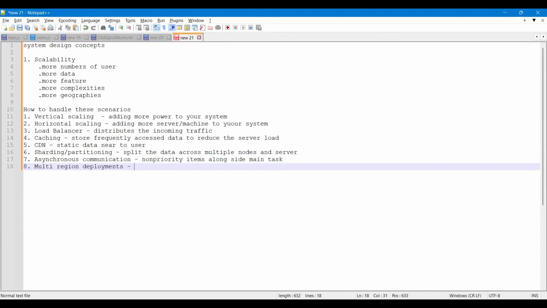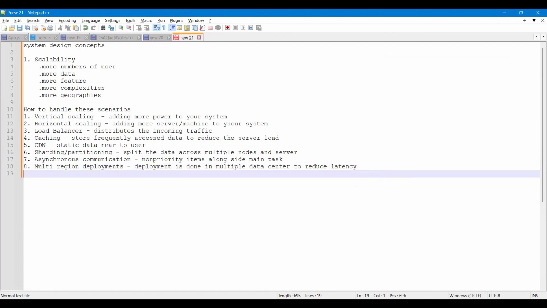It says that we are deploying to multiple regions, the deployment is done in multiple data centers, again, to reduce latency and improve redundancy.